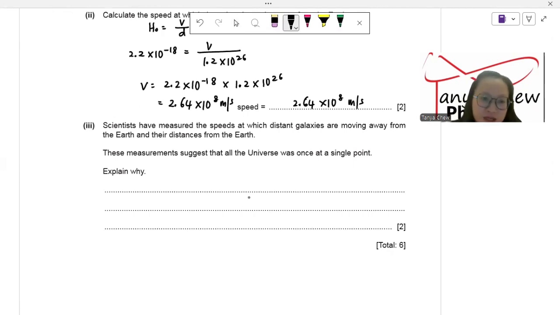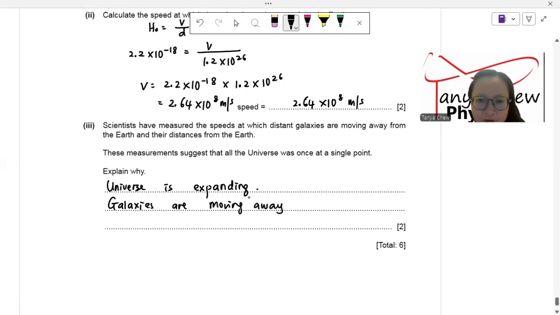The universe is expanding and it keeps on expanding even until today. And since the universe is expanding, all the galaxies are moving away from Earth. So that is called the Big Bang Theory.